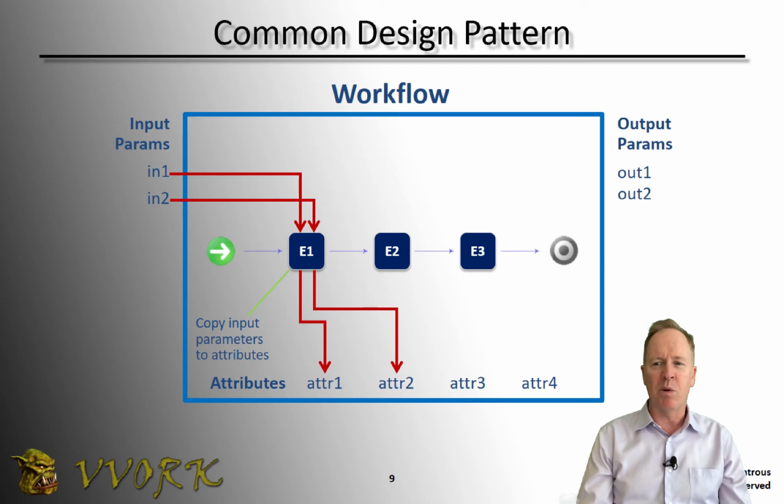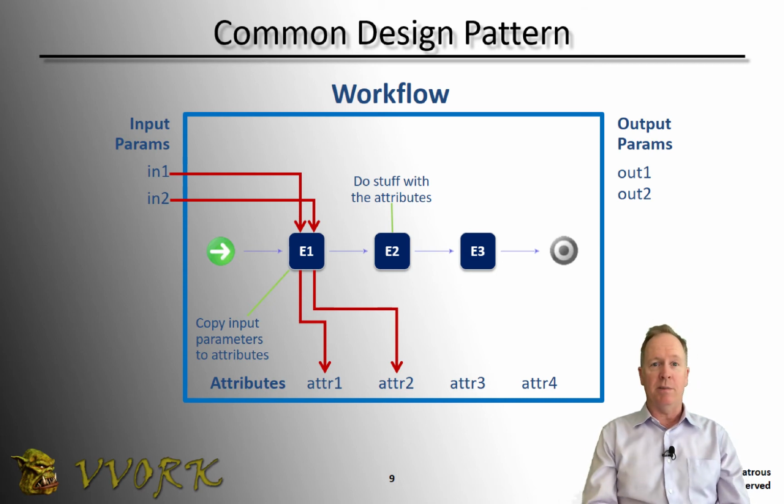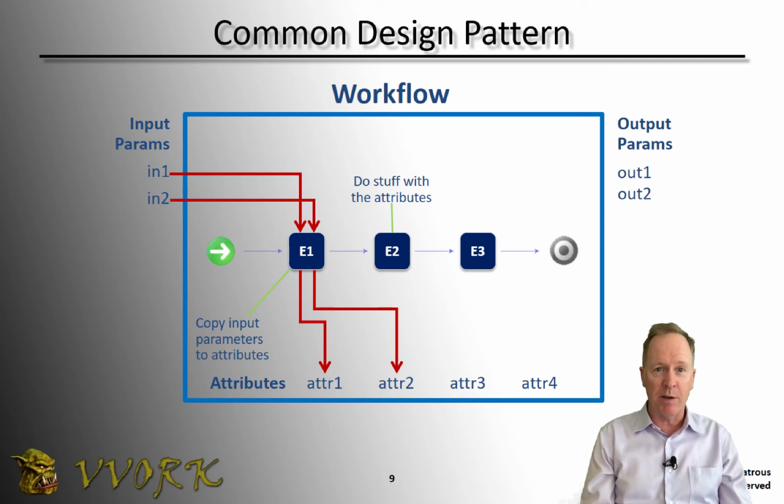And you can do that with multiple variables. So maybe we're going to bind input parameter in1 to attribute attr1 and in2 to attribute attr2. But crucially, once you do the trickery I'm about to show you, you're going to be able to do things like change the value of the attributes. You're still not going to be able to change the value of the input parameters because input parameters are read-only.